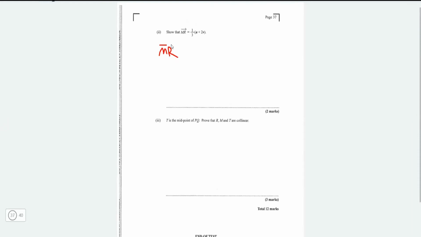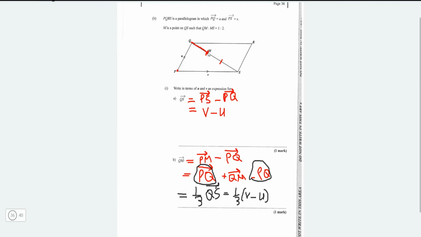MR is the same as going from M to S, and then from S to R. All we need to do is go from M to S here. So this is the journey.